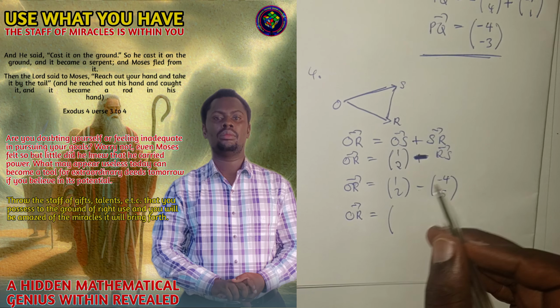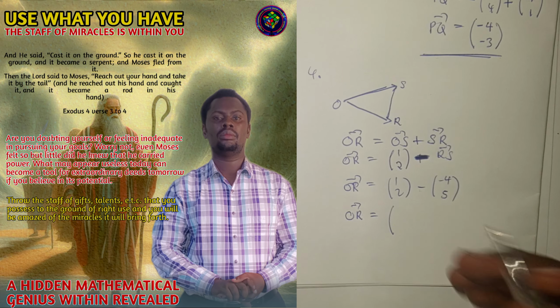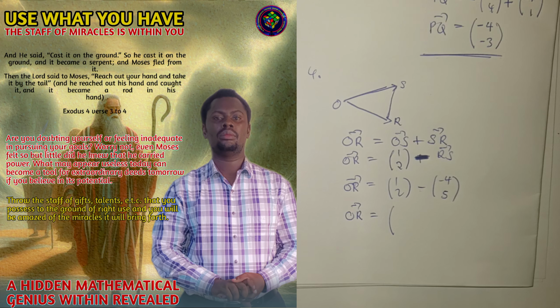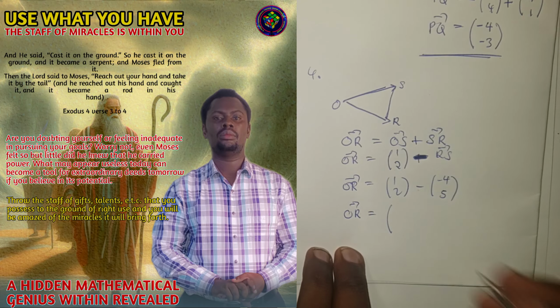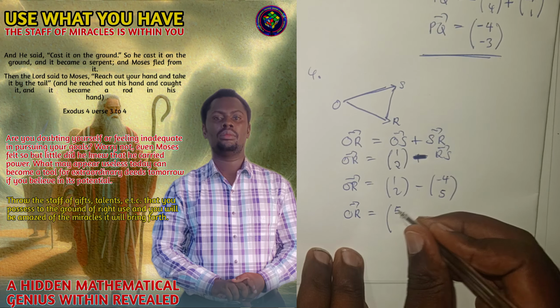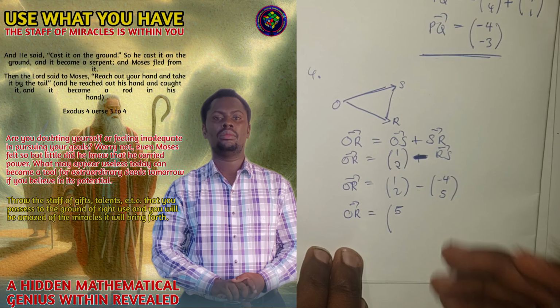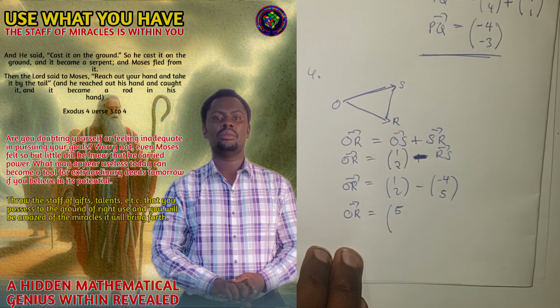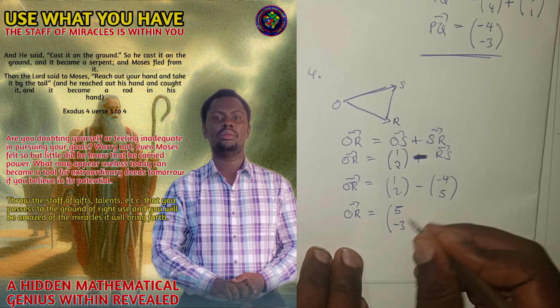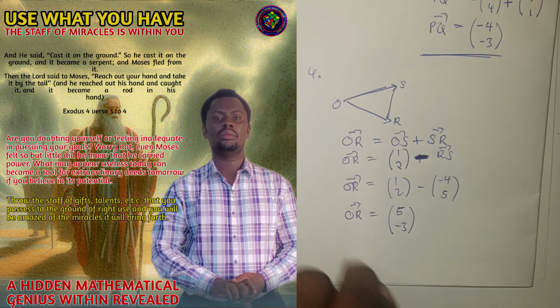Minus and negative, what is negative multiplied by negative? Yes, that is positive. So you have 1 plus 4, and 1 plus 4 is 5. Then we have 2 minus 5. What is 2 minus 5? That is negative 3. So this is the position vector of R.